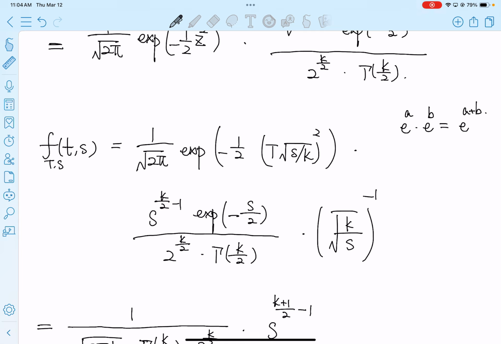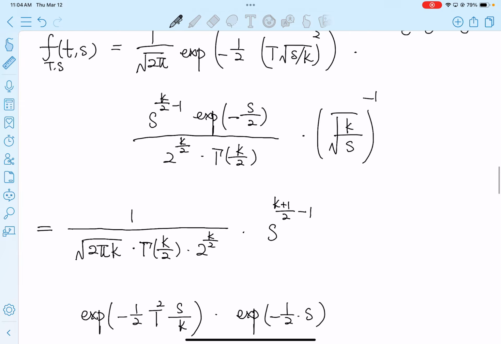This one. Back then, the density of the standard normal is a z. Right? I replaced the z by the transformation of this. That's squared, so you have the t squared, and then s divided by k. Oh, the square takes care of the square root. Right? The t over the s divided by k.